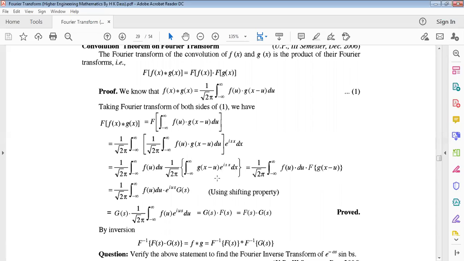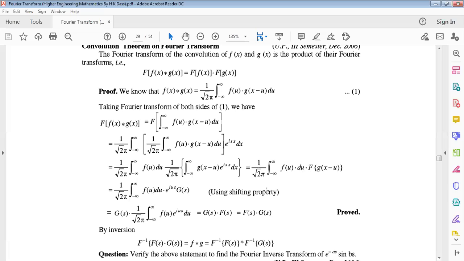This second bracket can be written as the Fourier transform of z of x minus u. Remember it. Now 1 by root over twice pi, integral from minus infinity to plus infinity of f of u du. Now this Fourier transform can be written as e to the power isu times the Fourier transform of z, by the shifting property.